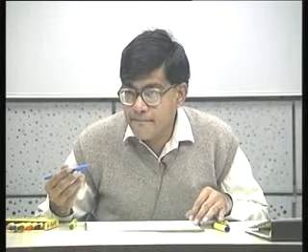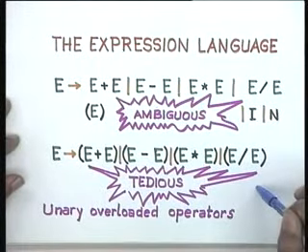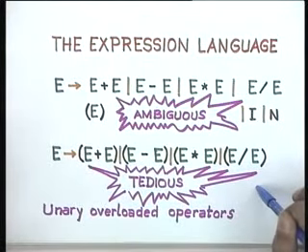But from the point of view of a compiler, this, because it's ambiguous, is clearly unacceptable. This, because it's tedious for every programmer to write fully parenthesized versions, makes it inconvenient.